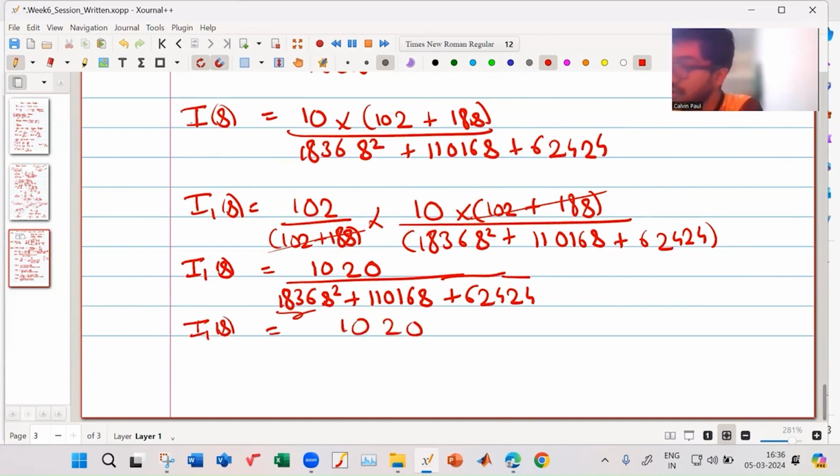So we get 1020 upon 1836, and this becomes S square.